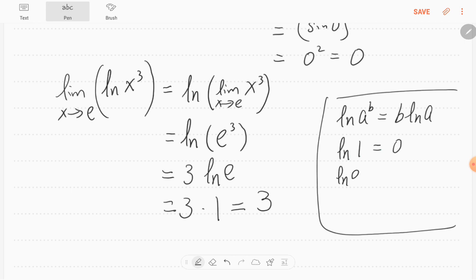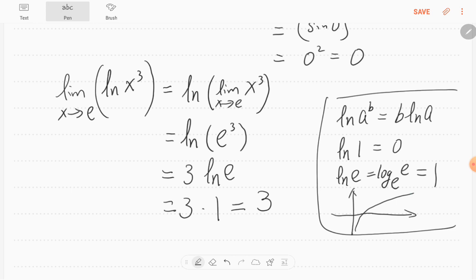Natural log of e, which is the same as the log with base e of e, is 1. And the graph of the logarithmic function is an increasing function, with the y-axis as its vertical asymptote. So it's an increasing function.